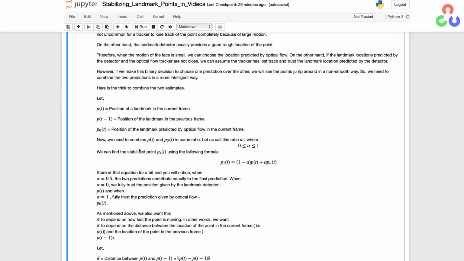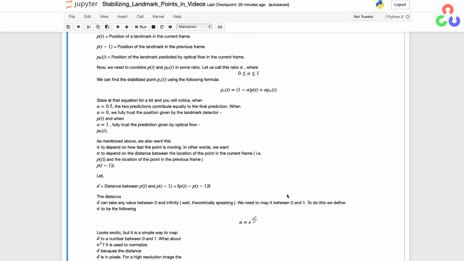For example, we can choose an alpha which combines the two estimates. When alpha is 0.5, it means that we are giving equal weight to both estimates. When alpha is 0, we fully trust the position given by the landmark detector. And when alpha is 1, we fully trust the prediction given by the optical flow.